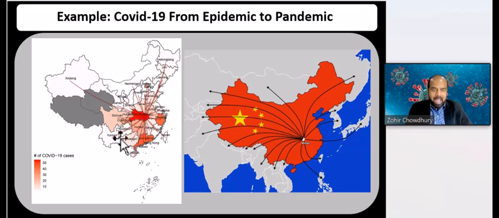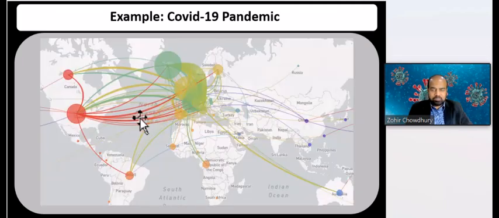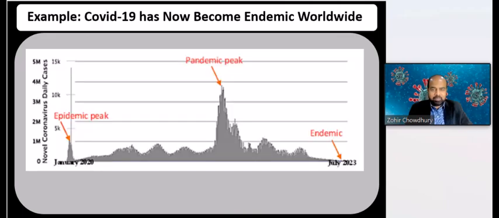The red path show routes from Wuhan to other cities or regions. In this stage, it was an epidemic. Once it started spreading from China to other parts of the globe, it became slowly a pandemic as it started spreading in multiple countries and multiple continents. As shown in here, COVID-19 spreading into multiple continents, eventually it led to the designation as a pandemic.